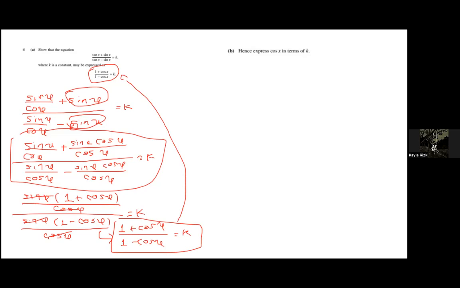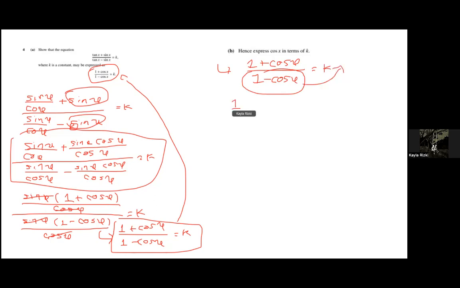So moving on to the next question. The question is, express cos x in terms of k. Nah, kita bisa kaliin yang bawah ini ke sini dulu.